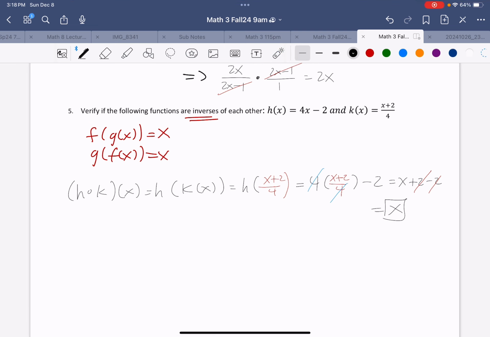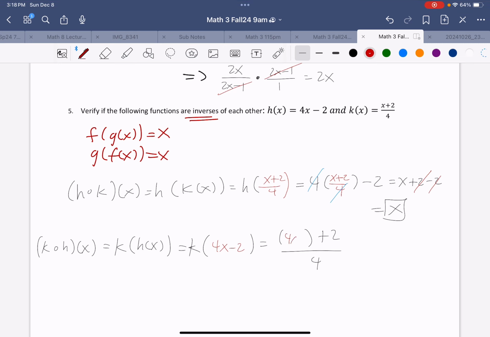Now I'm going to do it the other way, which is going to be k of h of x. And that's going to be where h goes inside of k, which is going to be 4x minus 2, which will be x plus 2 over 4.